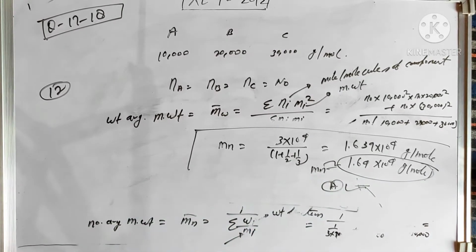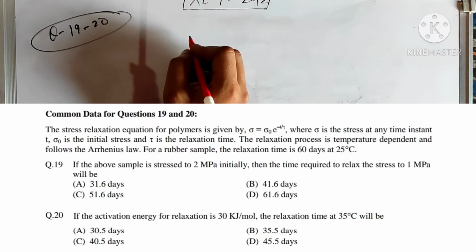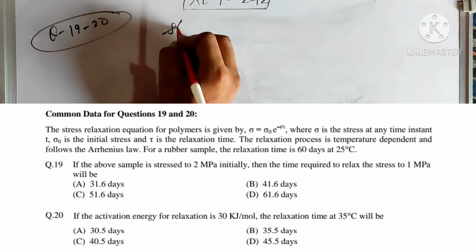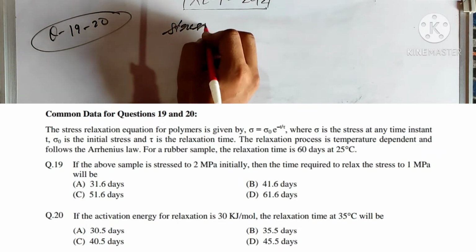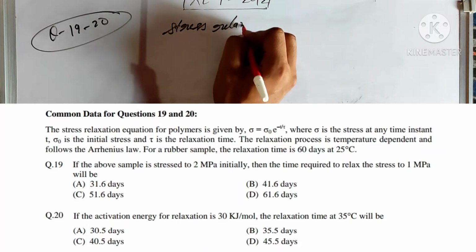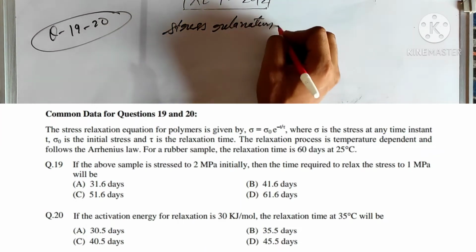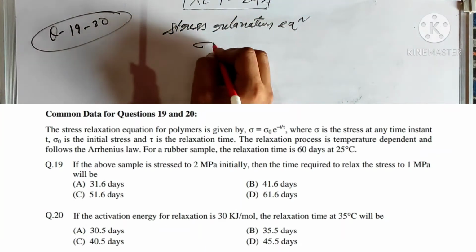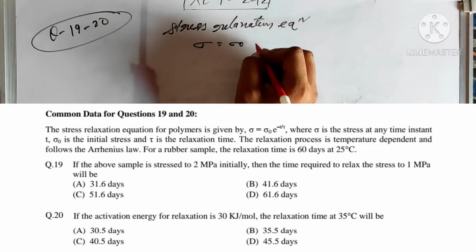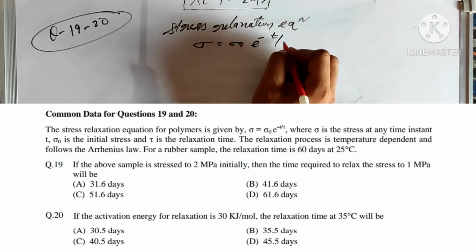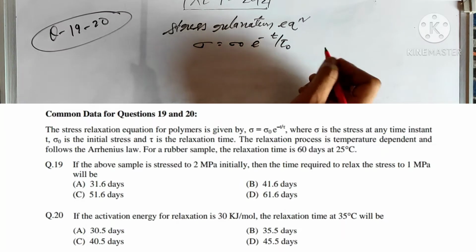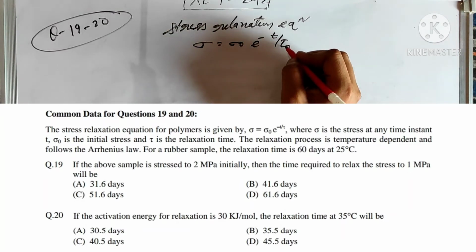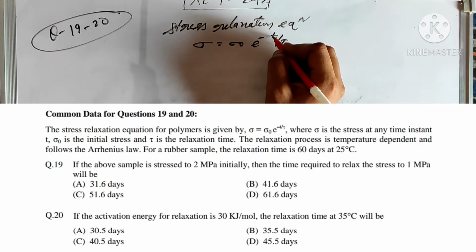Common data given: the stress relaxation equation is sigma is equal to sigma naught into e power minus t upon tau naught, where tau naught is equal to the stress relaxation time and t is equal to time.